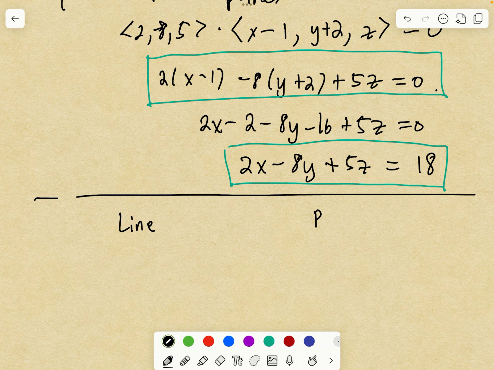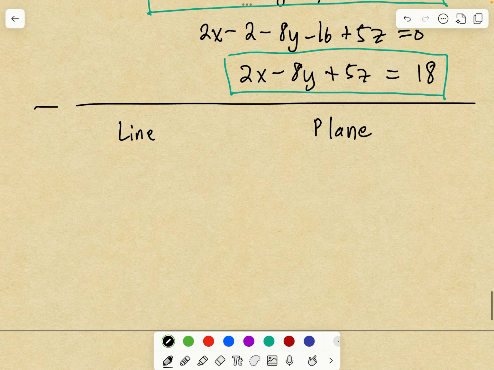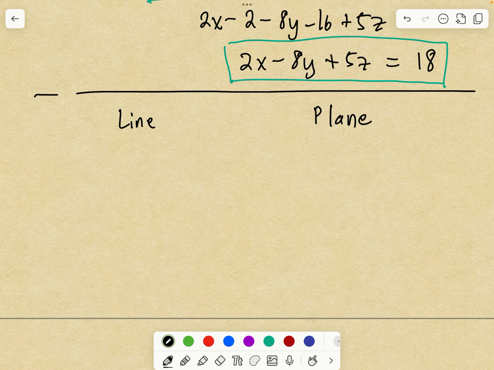And then one more thing I'll say, just to make sure we're okay on the different things that are going on. When you have a line in 2D, it's often written as y equals mx plus b.